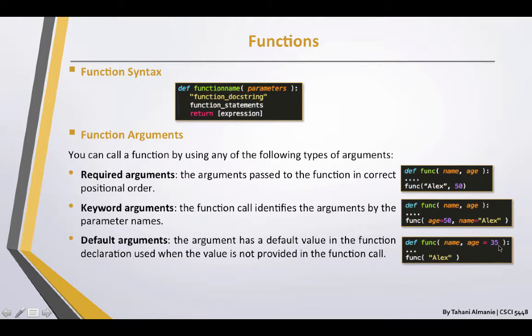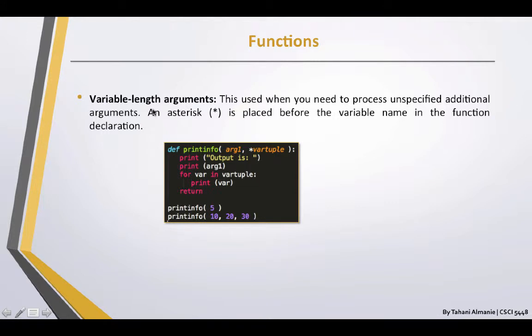So age here has a value of 35. This is used when the value is not provided in the function call. So here Alex will have the age of 35. Variable length arguments use the asterisk before the variable name in the function declaration, and it's used when you need to process unspecified additional arguments, like here.